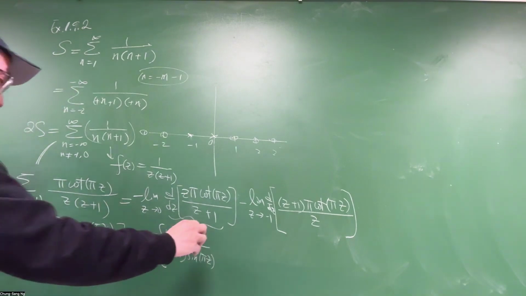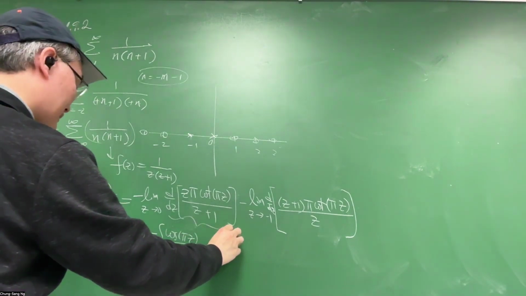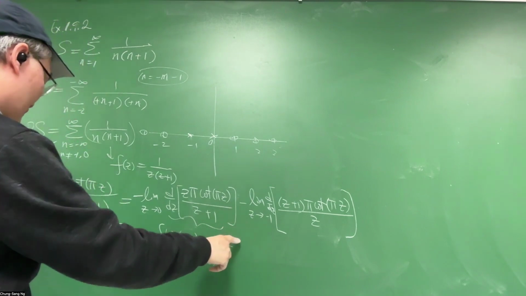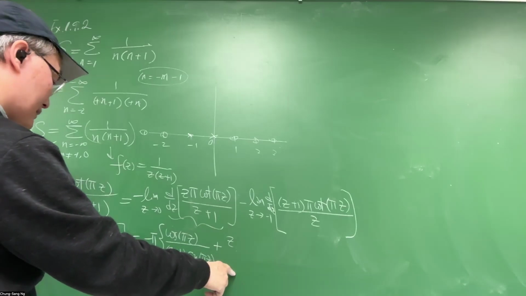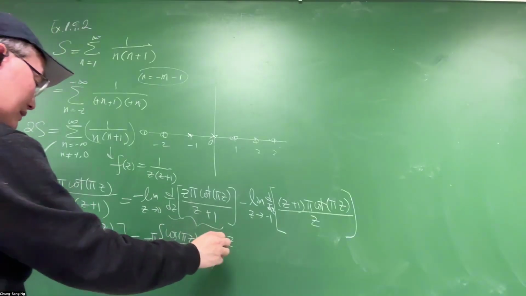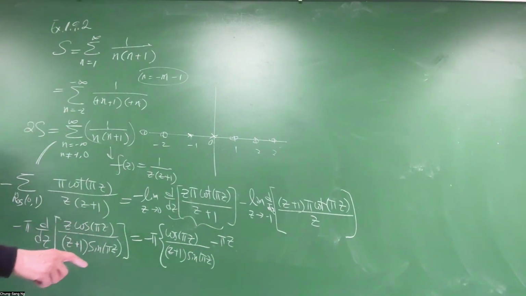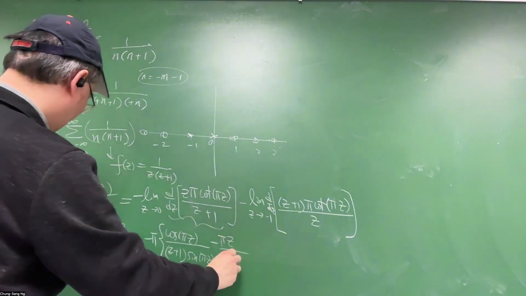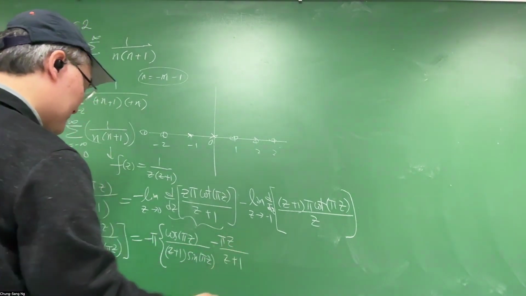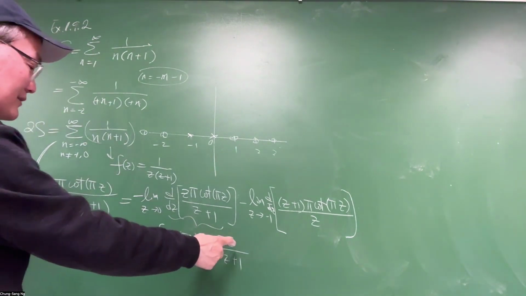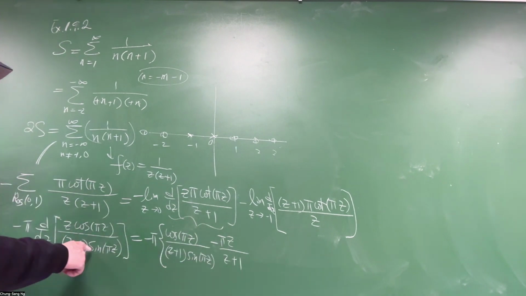The first one, and then the second one is z sine pi z, which cancels with the sine pi z, and you get a negative because you have a pi, and then sine pi z cancels with this one and divided by z plus 1. This one actually turns out to be 0 because later on we need to set z equals 0.